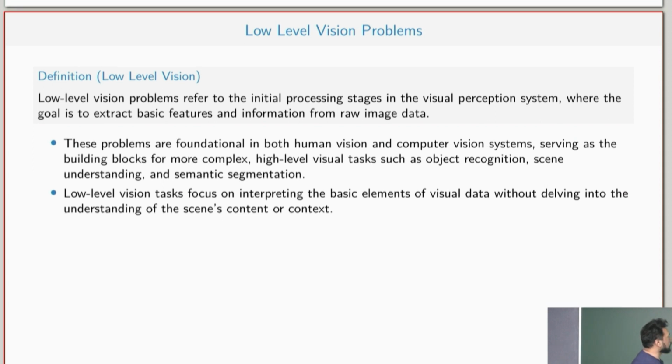These problems are foundational in both human vision and computer vision systems, serving as a building block for complex higher-level visual tasks that we will see, such as object recognition, scene understanding, semantic segmentation. What is interesting is that in classical computer vision, there were many hand-crafted filters, and for almost various tasks you had different hand-crafted filters.